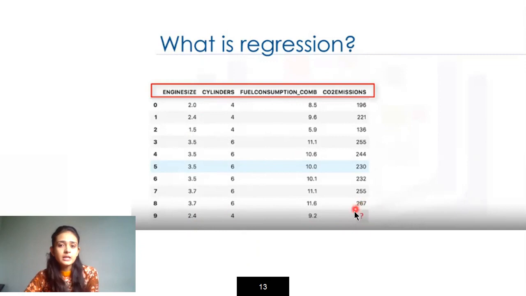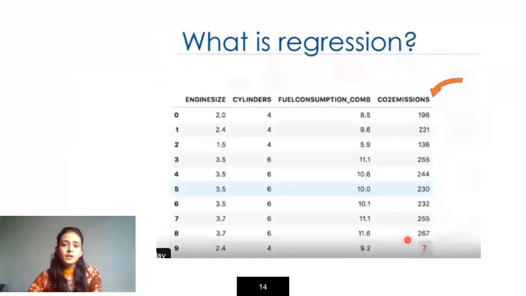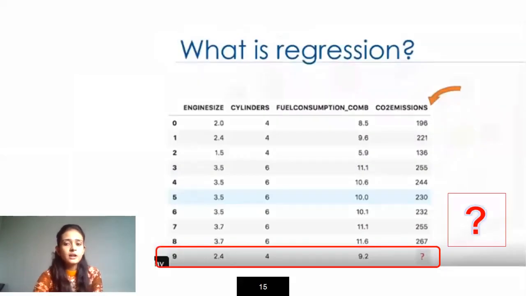Then what will be the CO2 emission in that newly manufactured car? I want to estimate this CO2 emission parameter for my newly manufactured car. So over here we will focus on the CO2 emissions.